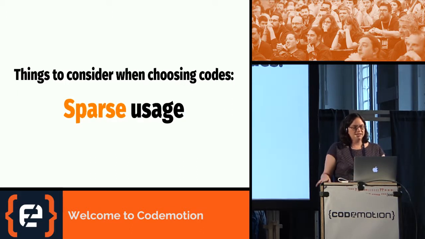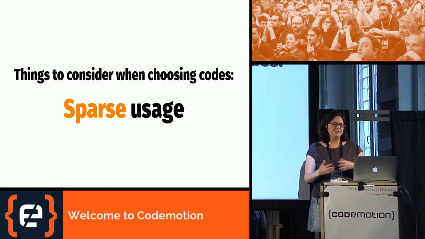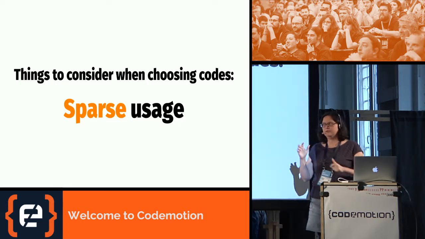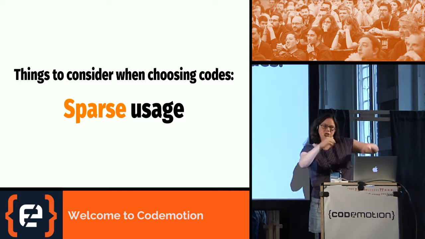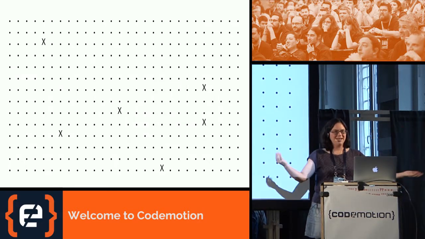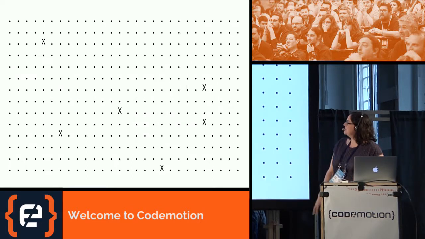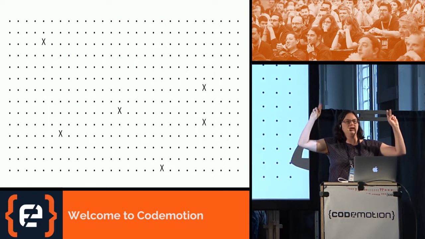Anyway, so things to consider: sparse usage. Now, for those who are maybe second language English speakers, I wanted to really explain what I mean by sparse. It means a small percentage really spread out. So I visualized it. Here's a sparse usage. If all of these dots were to represent codes, then the X's are the codes in use.